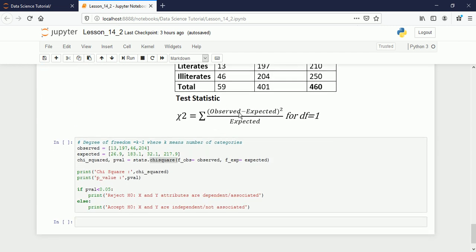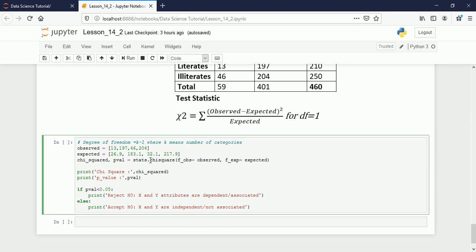If we calculate manually we use the formula; if you call the function, it will calculate and return the p-value for us, which is important, and also the interval. Now I want to print the chi-square value and also the p-value, and compare it with the level of significance. If it is less than that, we will reject the null hypothesis. If it is greater than that, we will accept the null hypothesis. Let me execute and see the result.